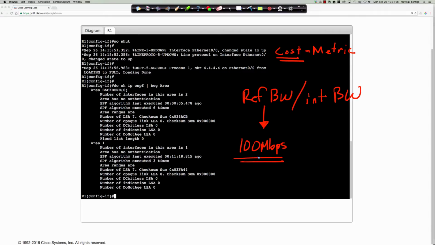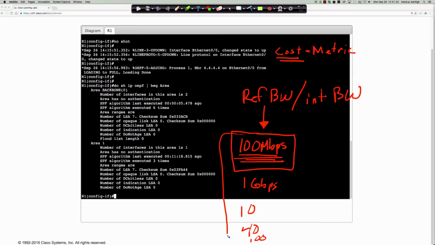Because we've got 10 gig, 40 gig, 100 gig interfaces, and you're absolutely right. Anything over 100 megabits per second, so 1 gigabit per second, 10 gigabits per second, 40, 100, all of these interfaces are a metric of 1.